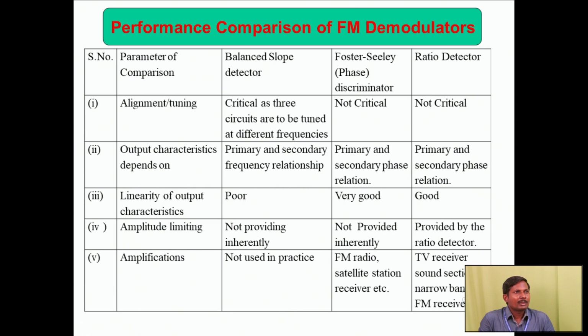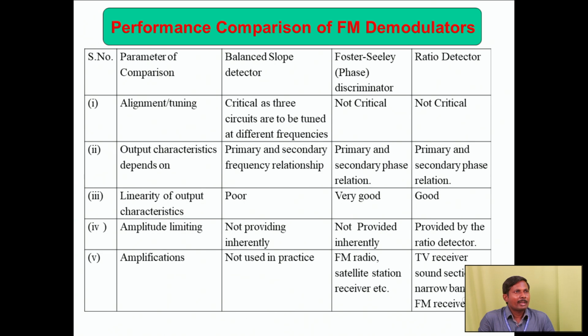Second parameter, output characteristics. In the balanced slope detector, primary and secondary have a frequency relationship. In the Foster-Seeley discriminator, primary and secondary have a phase relationship. Similarly, in the ratio detector, primary and secondary have a phase relationship.